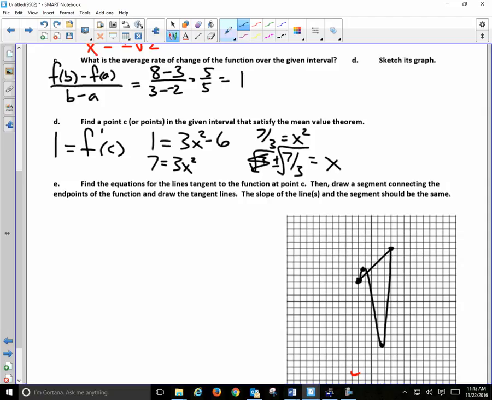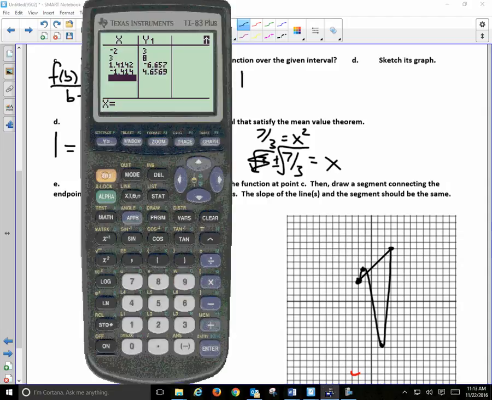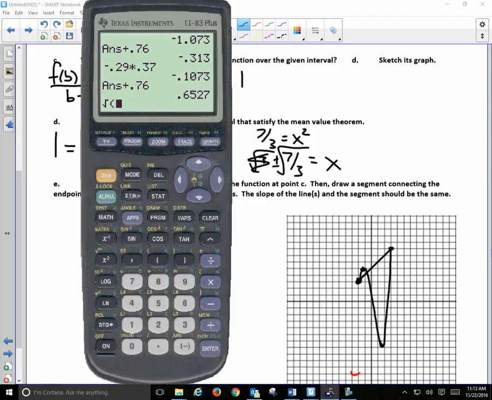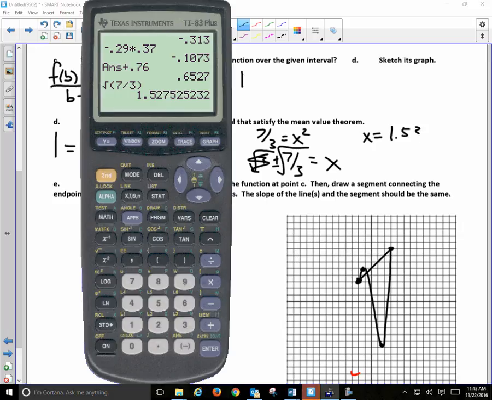Now, I'm not going to rationalize the denominator because I'm going to choose to express my solution as a decimal. But if we take the root of 7 divided by 3, you can see that you get 1.53. So x is 1.53 and negative 1.53.